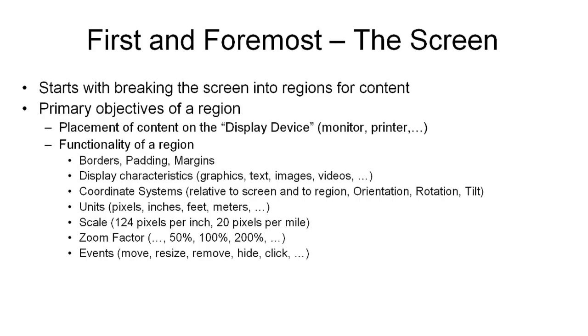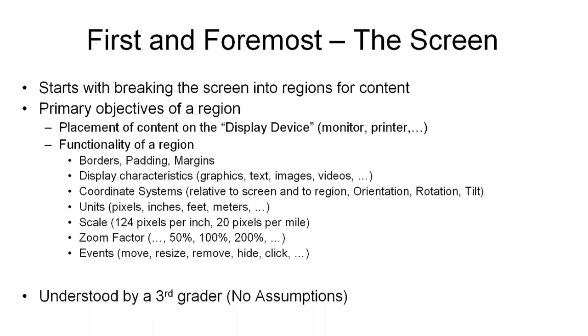So the region may have its own coordinate system, and we can define that. Or rotation, or tilt, or whatever. Or units, or scales, zoom factors, and events. So some of these events, we might want to be able to move borders and things and resize different regions. And this is pretty much the capabilities and the responsibilities of the region.